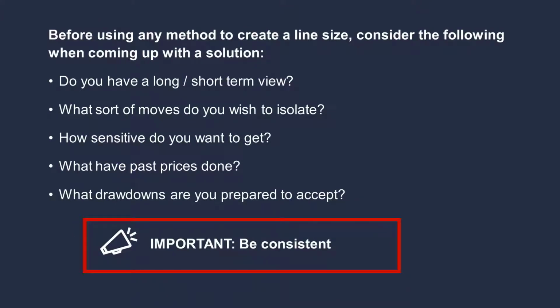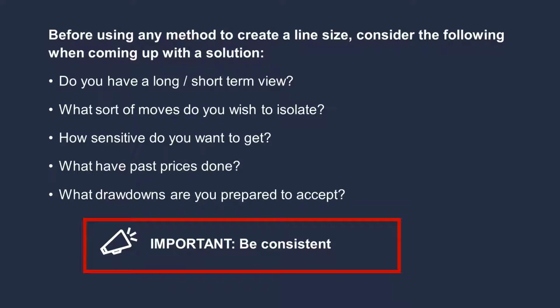Before you can move on to actually doing the nuts and bolts of coming up with these line numbers, there are some considerations and thoughts you've got to put into the number that you're going to come up with, and I've listed some of them here. Do you have a long or short-term view of trading? What sort of price moves do you want to isolate? How sensitive do you want to get to the price? What have past prices done?